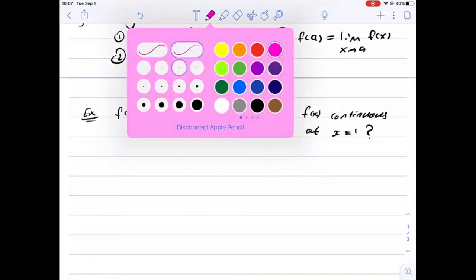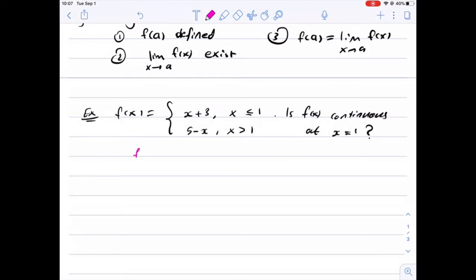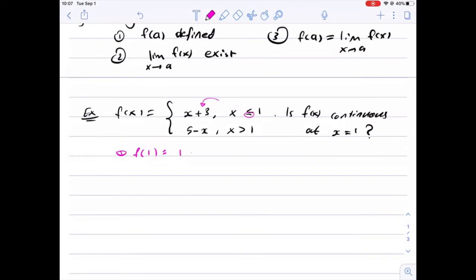Now we want to study continuity, so we first find the image, the value of the function. The first condition is f of 1. Where should we substitute 1? As you can see, we have equality at 1 here, so we plug into the first rule. So we have 1 plus 3, which is equal to 4. It's defined. Good. Now what about the limit? We need to find the limit as x goes to 1 of f of x.